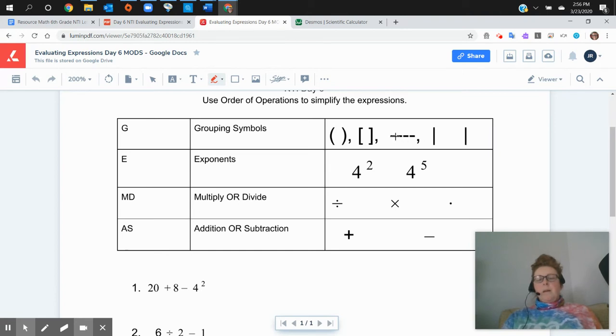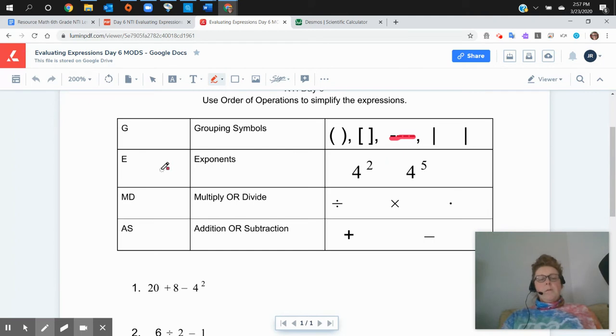You can see this line right here is actually a connected line. It's usually not dotted, it's just the way the printer worked. We can go ahead and connect that, so it's going to look like that. Our parentheses, our brackets, our absolute value bars, and this is our divide bar.